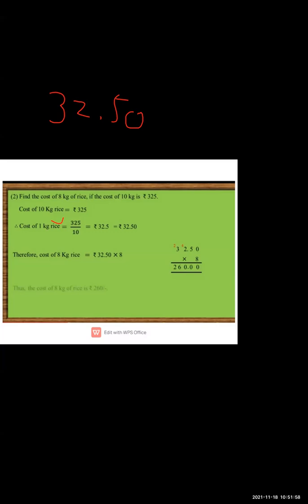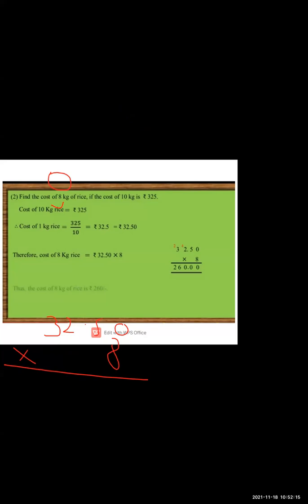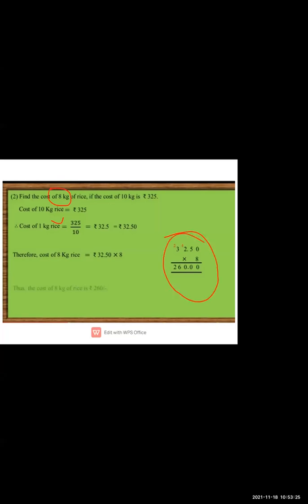Now we will find the 8 kg price, that is 32.50 multiplied by 8. After multiplying we got 260. So 8 kg of rice costs 260 rupees.